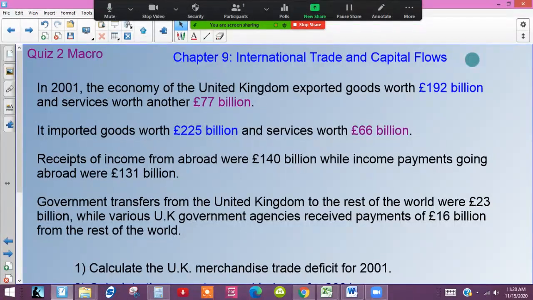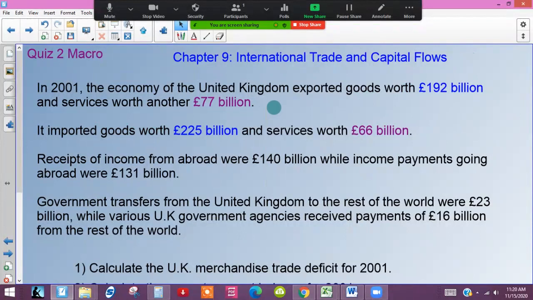So, in this problem, we're looking at the 2001 economy of the UK, and we're told that the UK exported goods worth 192 billion pounds and exported services worth 77 billion pounds.